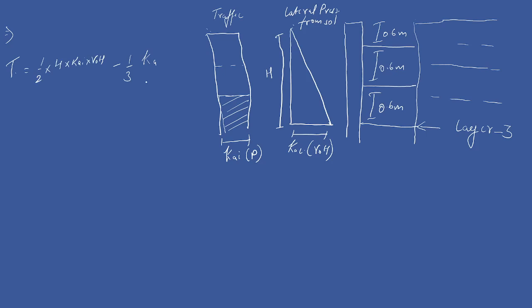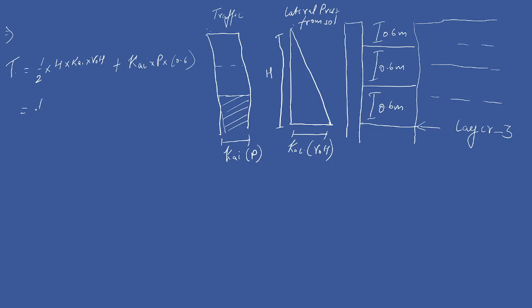So for this triangular area, and this we are having Ki into P into only 0.6 meter we will consider, so this is 0.6, the tributary area for this.